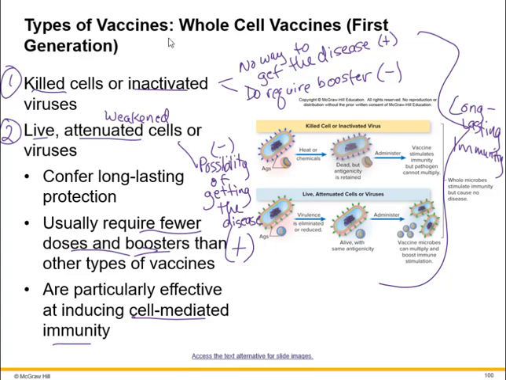So it's not a short-term fix. You know, the short-term fixes would be the immune serum globulin, where you're just giving antibodies, or breast milk that just gives antibodies. So you're actually developing memory cells for this, even though you're not getting the disease. And so those are the two types of first generation or whole cell vaccines.